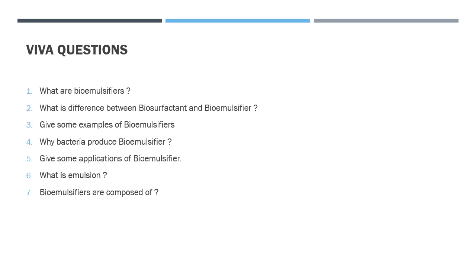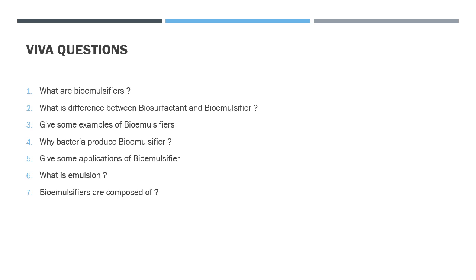So that's why, to get access to the nutrient source, bacteria produce and release bioemulsifiers. Then fifth is, give some applications. In remediation, in the dairy industry, in the food industry, as I had mentioned in my previous slides, you can pick at least 3 or 4 applications.